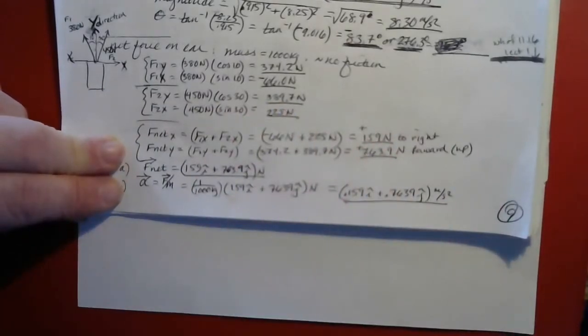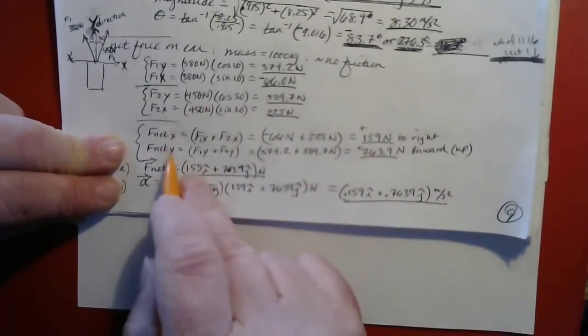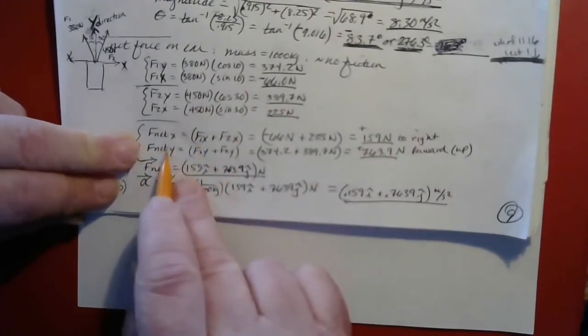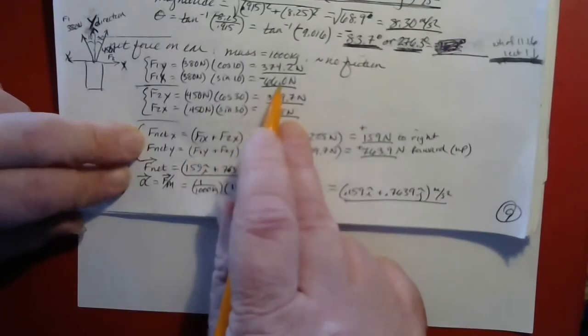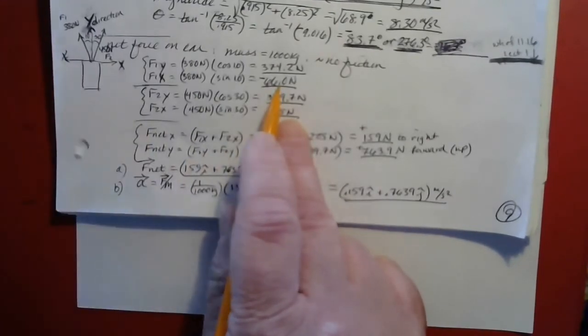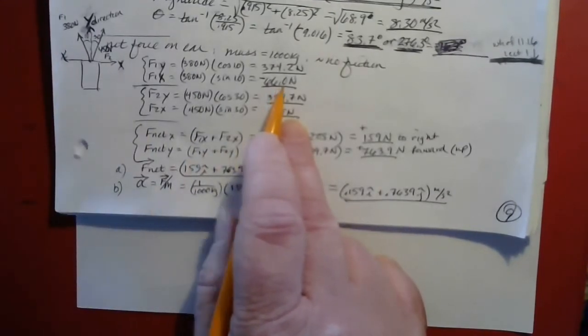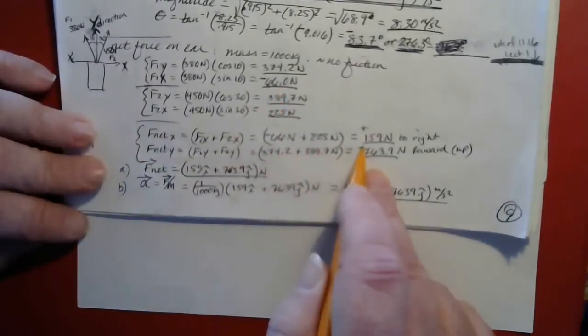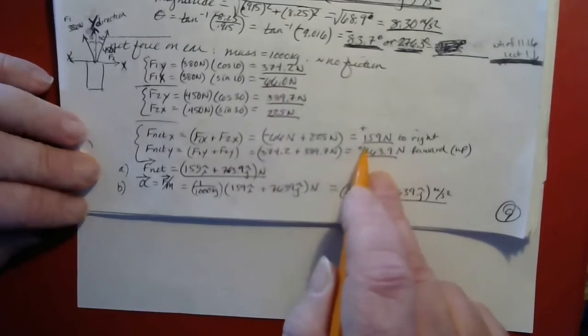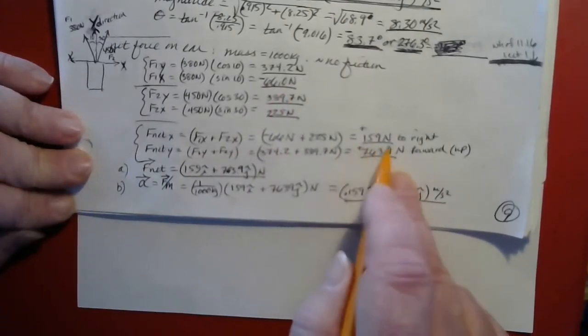And so to find the net force in the X and Y directions, for the X direction, we add the forces up. One of them was negative, and so we don't have to worry about subtracting from each other. We just add them together. And so that's negative 66 plus 225, so that would be plus 159.